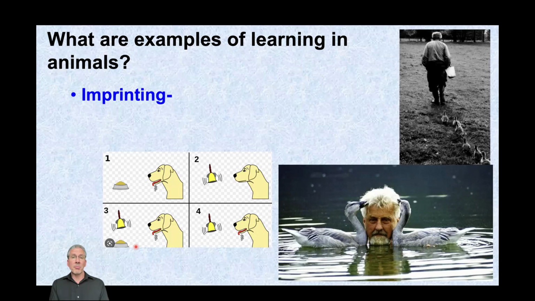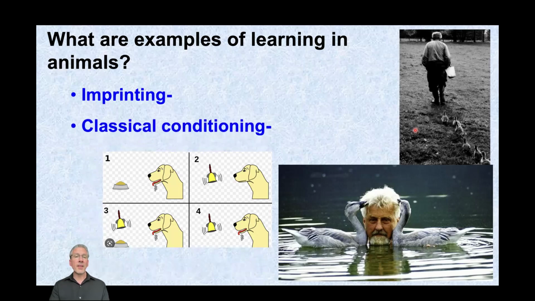Typically, it's for example, mama bird, but it doesn't have to be. Here we see Konrad Lorenz doing some experiments on imprinting where essentially these birds have imprinted on him and they follow him everywhere, again, as if he were mama bird.